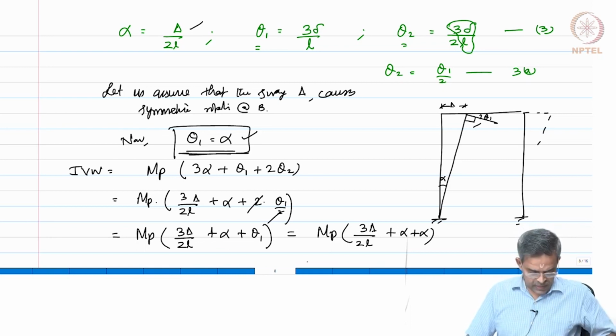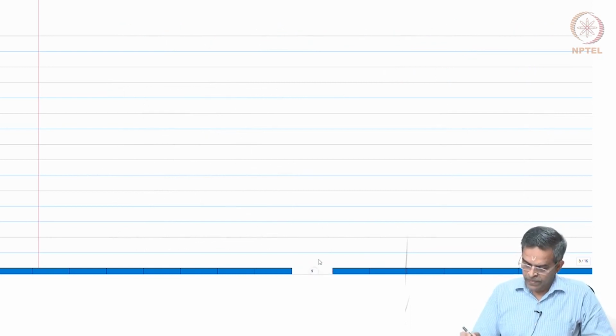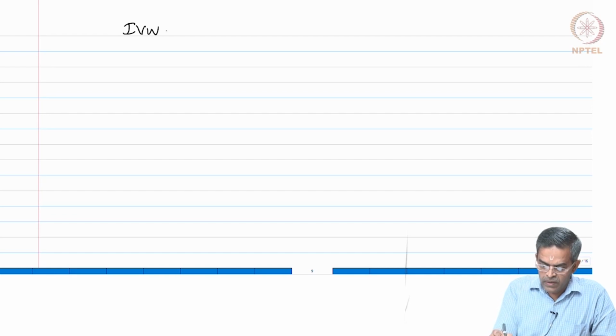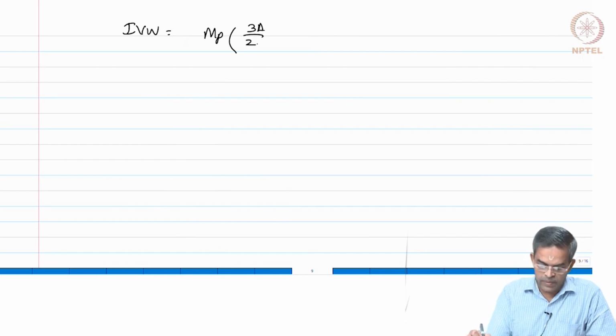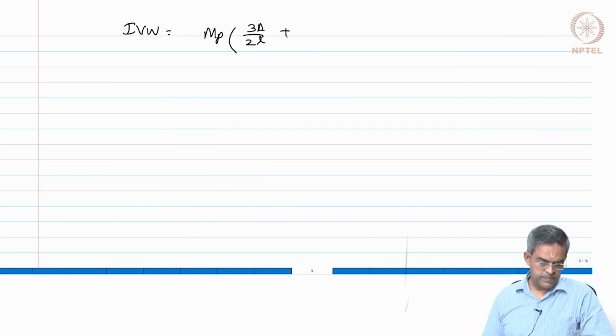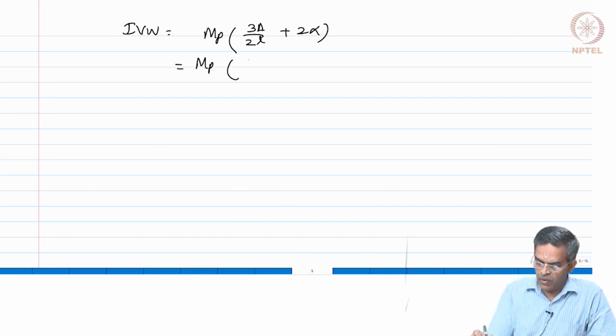Okay. So, now I can say internal virtual work is MP times of 3 delta by 2L plus 2 alpha, which is MP times of 3 delta by 2L.